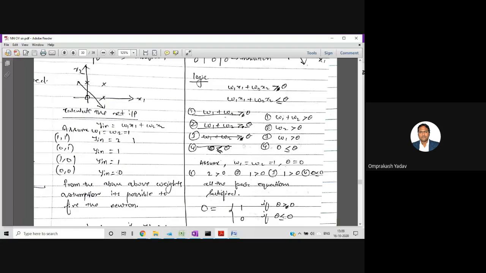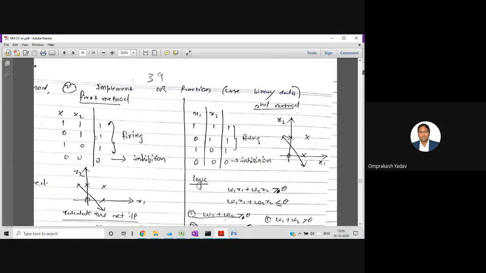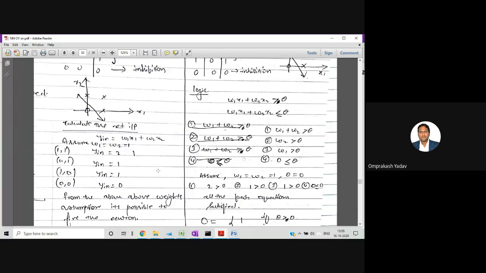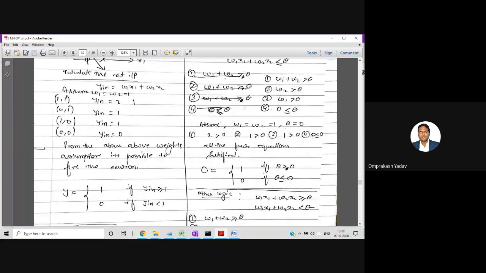Now, whether it's possible to select a threshold value that separates the last case from the rest of the three cases or not, this is what we have to find out. Because if we see the table, the first three cases are the firing condition, and the last one is the inhibitory condition. We have to find a threshold value by which we can separate the first three cases from the last case.